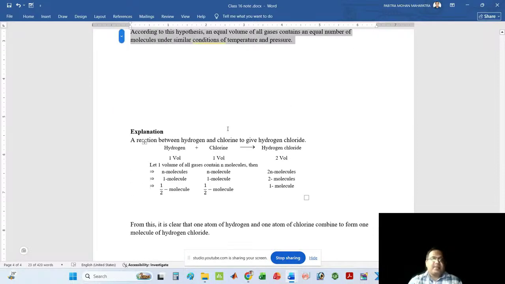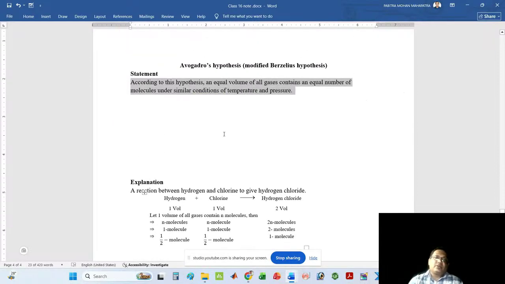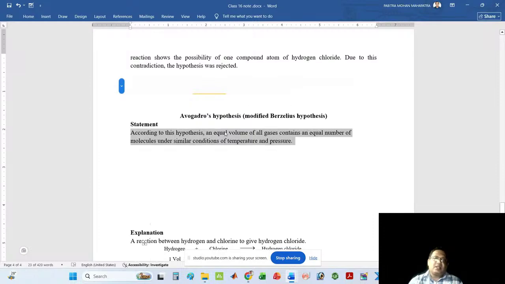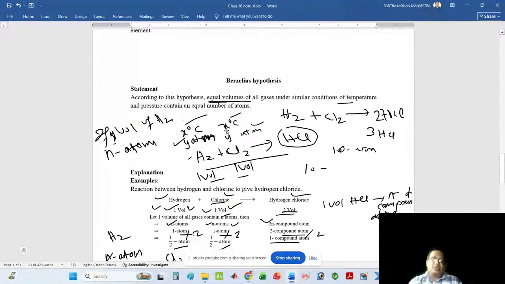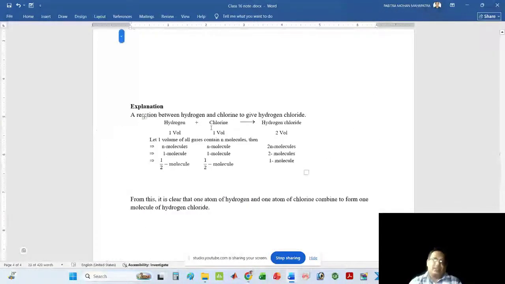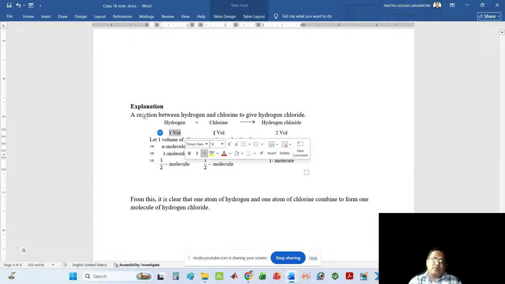Look at the same example which was already given in Bernoulli's hypothesis. I have again taken the same example, a reaction between hydrogen and chlorine to give hydrogen chloride. Hydrogen plus chlorine gives hydrogen chloride. Here I have taken 1 volume of hydrogen, 1 volume of chlorine, 2 volumes of hydrogen chloride.